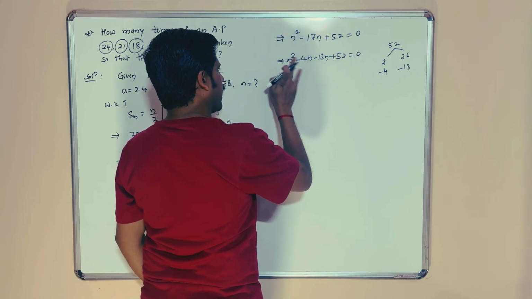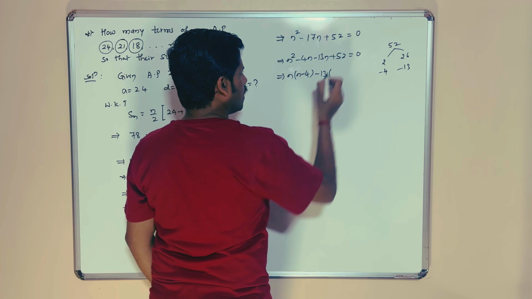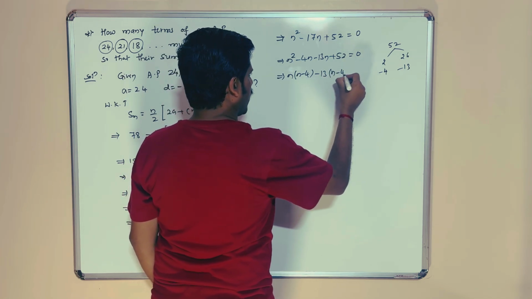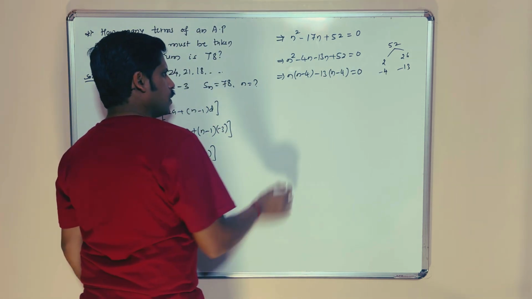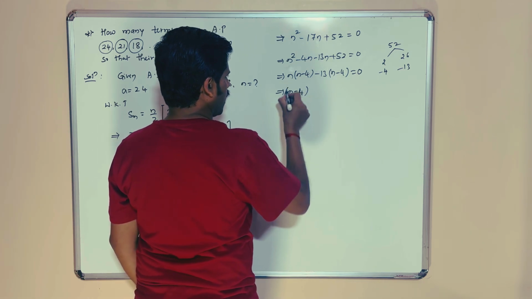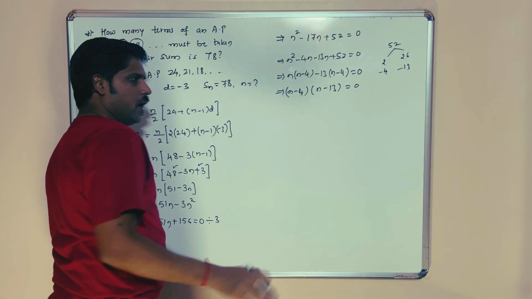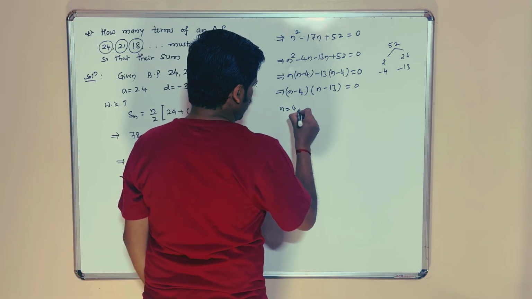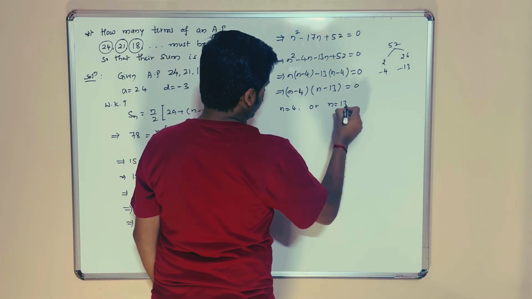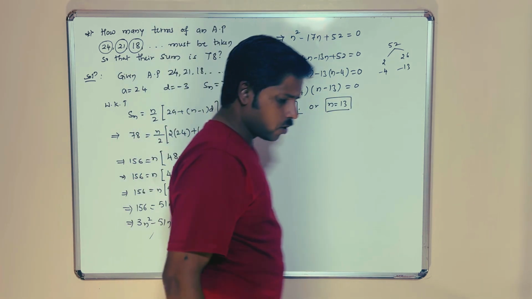Take n common, so n minus 4, minus 13 common, so n minus 4 is equal to 0. Here n minus 4 is common, take it outside and we remain with n minus 13 is equal to 0. Here we have n is equal to 4 or n is equal to 13.